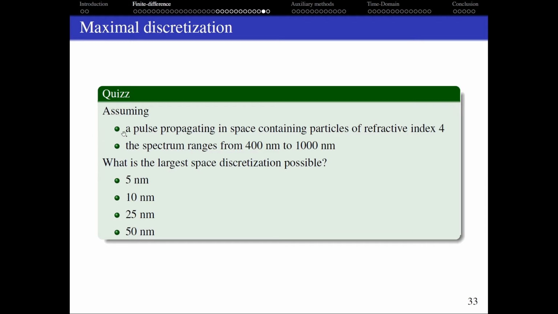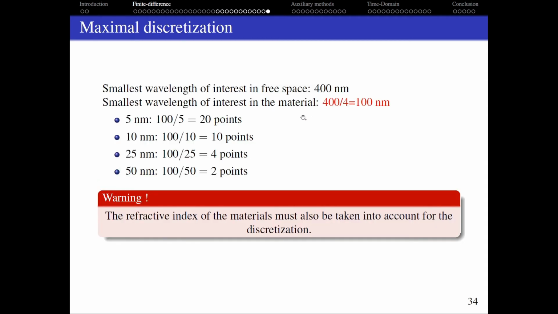So again, the spectral range is between 400 nanometers and 1 micron, and we are going to look at several discretizations. So what do you think is the largest space discretization that we can use? So before we could say 10 nanometers, for instance, but now what is it? So you can pause again for a bit, but here is how it goes.